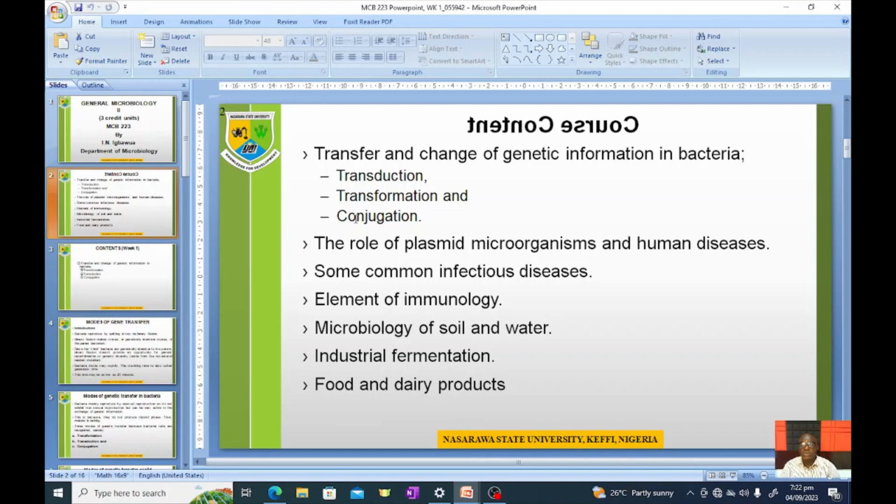We'll also be looking at elements of immunology. The course will take us to look at microbiology of soil and water. We'll be considering industrial fermentation in the course. And finally, we'll look at food and dietary products.